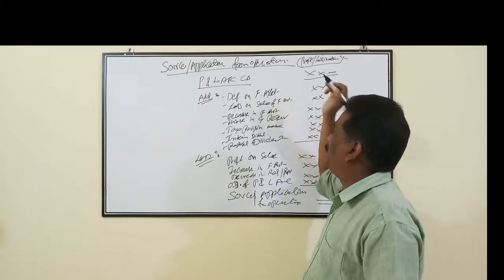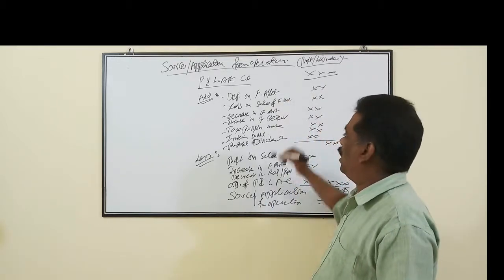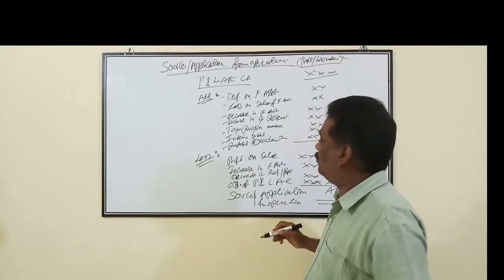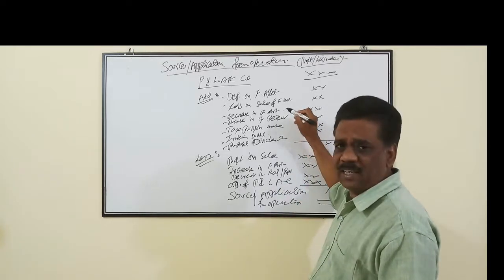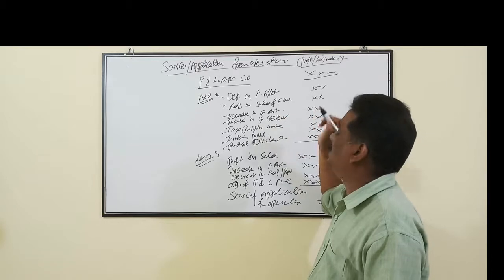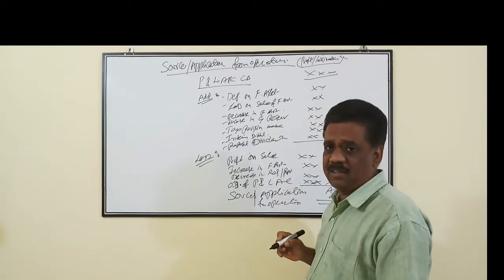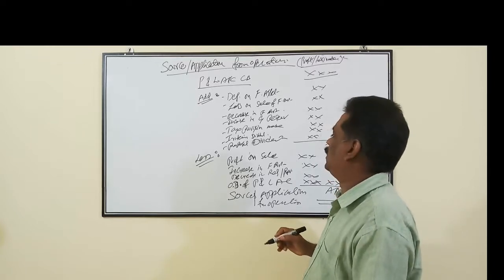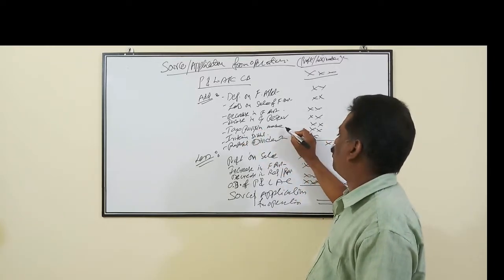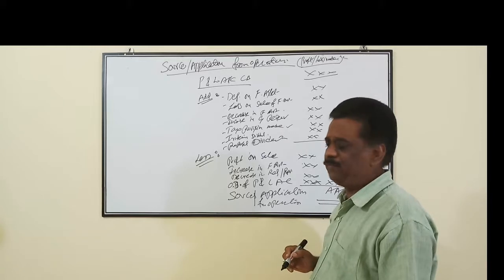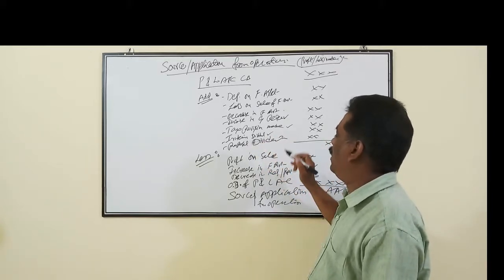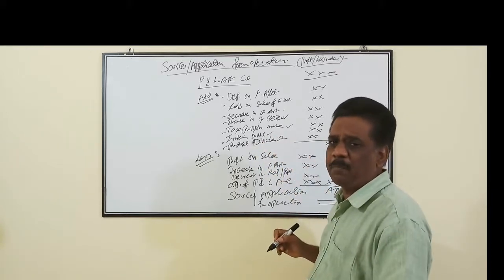Those are depreciation on fixed assets, loss on sale of fixed assets, decrease in fixtures and intangible assets, or increase in general reserves, any reserves or provisions. Likewise, the tax provision made during the year and the interim dividend declared and paid.